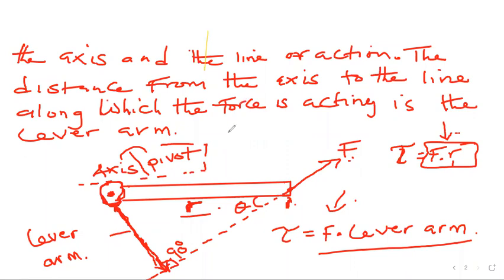Okay, this is the point of application, or we call this the axis of rotation. So the axis of rotation is what we have here. It's the same as the pivot there. That's where our pivot is.